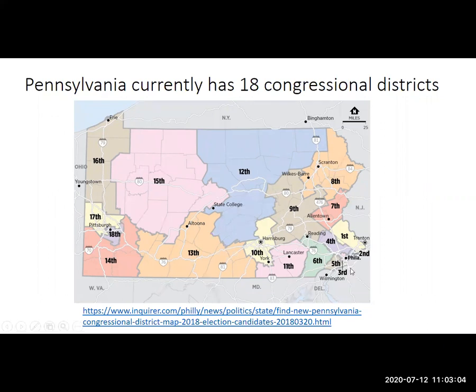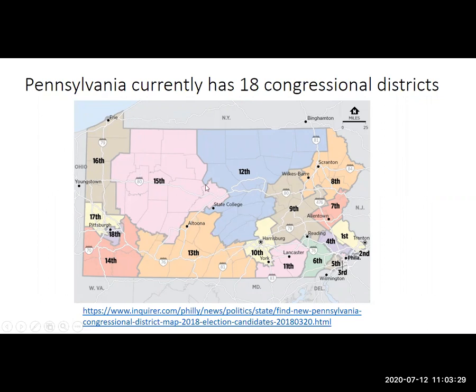And so you can see Philadelphia over here, the greater Philadelphia region, Bucks County, Montgomery County, all of that. What we can see is that around Philadelphia, the congressional districts are relatively small.